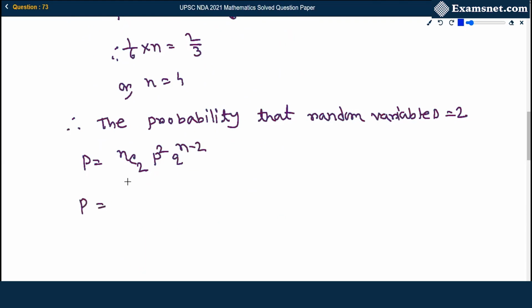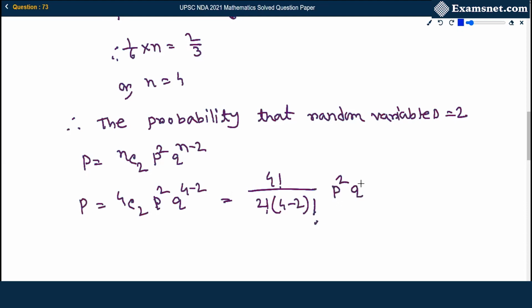So here N is 4, 4C2 P square Q 4 minus 2. 4C2 means 4 factorial by 2 factorial multiplied by 4 minus 2 factorial, P square Q square.